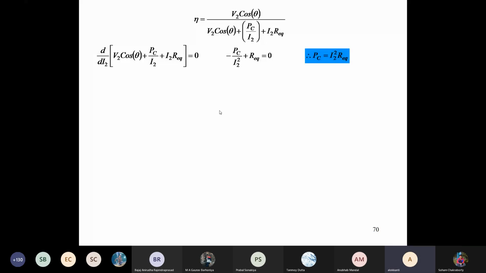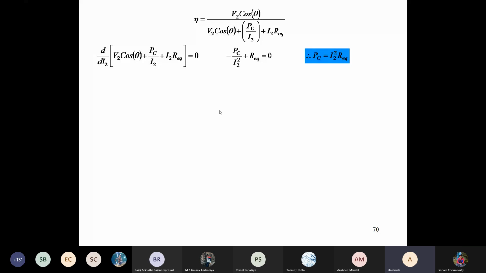So from here you see that the transformer will operate at maximum efficiency when your PC, that is the core loss, is equal to I2 square Req, that is the copper loss. The transformer will operate at the maximum efficiency when the core loss is equal to the copper loss.